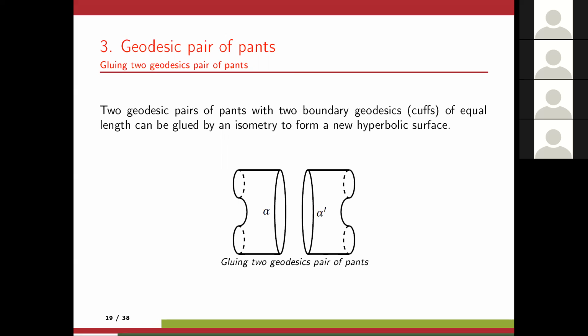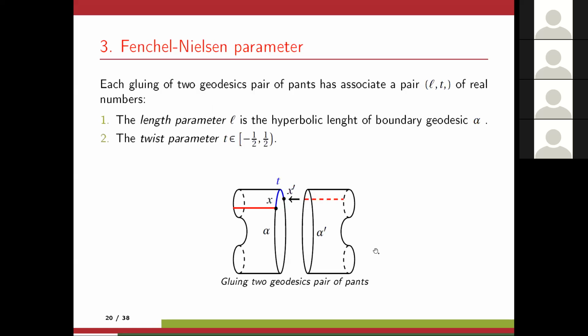In this way, we can associate a pair to the gluing. This pair is determined by 2 real numbers. The first real number is called the length parameter. The length parameter is the hyperbolic length of the boundary geodesic used in gluing both geodesic pairs of pants. The second real number is called the twist parameter.